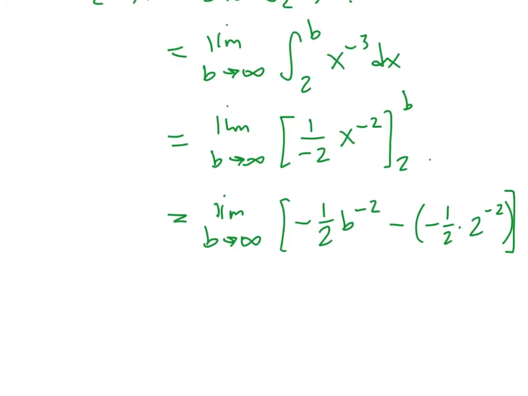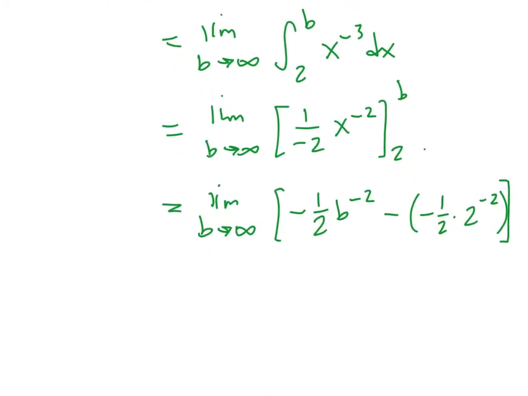Then that's the limit as b goes to infinity of, let me simplify a bit. I see that this term is going to wind up being positive, so I'll put that first. Negative 1/2 times 1/4, so that's 1/8 minus 1 over 2 b squared.